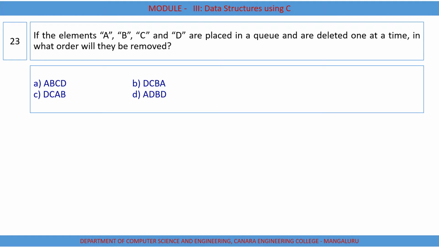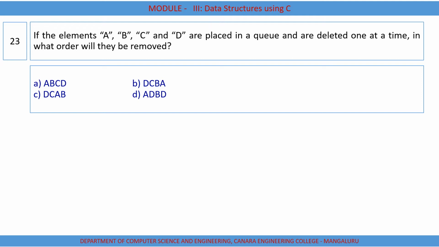Next question: if the elements A, B, C and D are placed in a queue and are deleted one at a time, in what order will they be removed? As per the definition of a queue, elements are inserted from the rear end and deleted from the front end. The element which is inserted first into the queue will be deleted first.